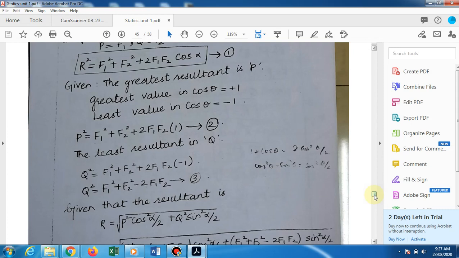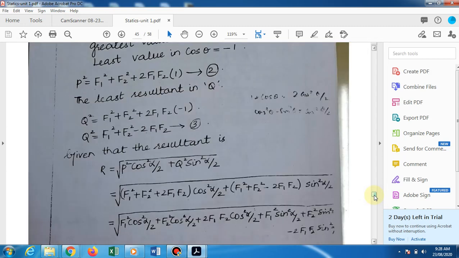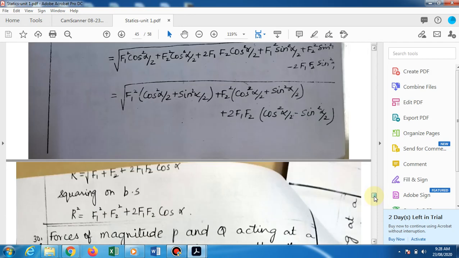Then given that the resultant R is equal to the square root of P square cos square alpha by 2 plus Q square sin square alpha by 2, you substitute the F1 value, P value and Q value, and you find the value for R. Finally you get R is equal to square root of F1 square plus F2 square plus 2F1 F2 cos alpha.